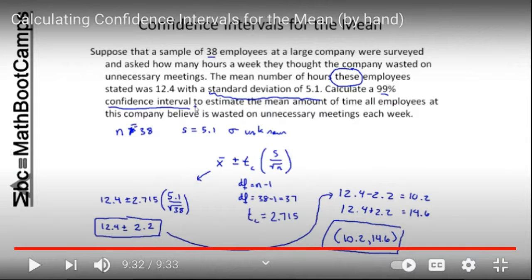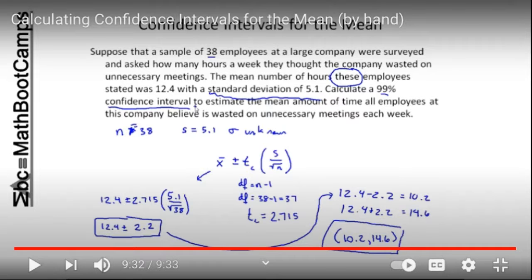You do it at 99% because your confidence in running the test is at 99%. 99% of the time this will occur. You'll have between 10.2 and 14.6 hours wasted on unnecessary meetings. But there will be a 1% chance that it'll be outside that range, either below or above.